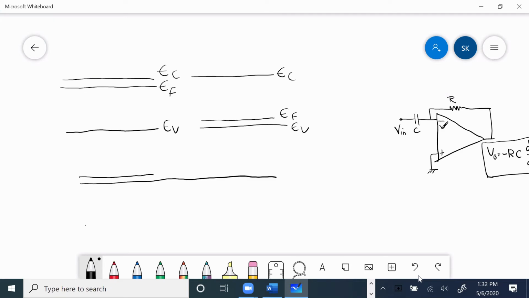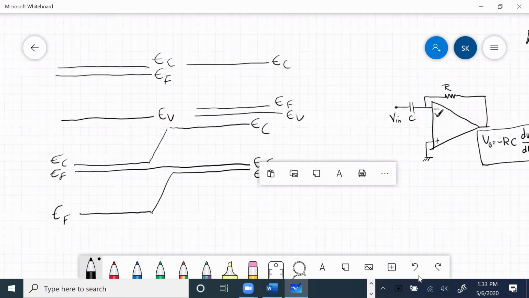N-type remains N-type, and P-type remains P-type, and therefore band bending takes place. So this is again EC, EF, EV, just like that.